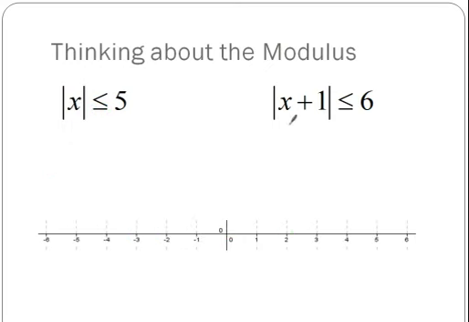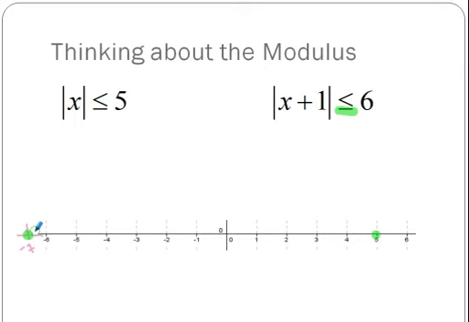This one is a little more complicated because we're trying to figure out what I need to add to 1 so that I'm less than or equal to 6. So the biggest number I can add so that I'm equal to 6 is 5, right? Because we're doing the equal part. On this end, I didn't leave quite enough room. If I put negative 7 in for x, negative 7 plus 1 is negative 6, and the absolute value of negative 6 is 6. Okay?